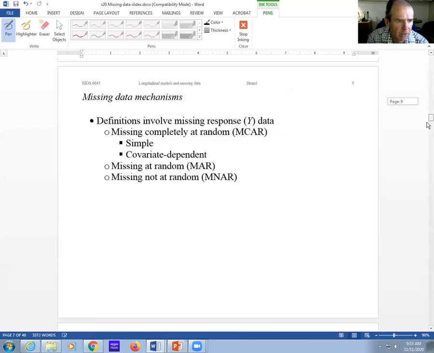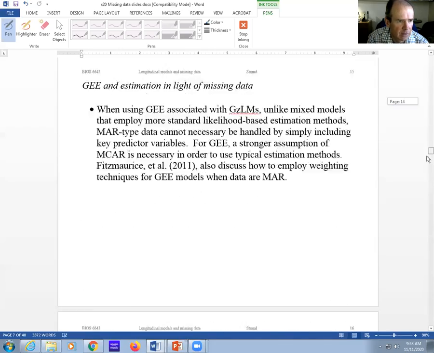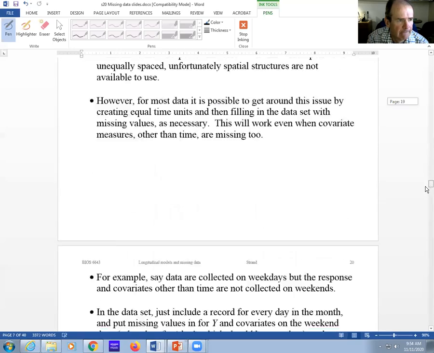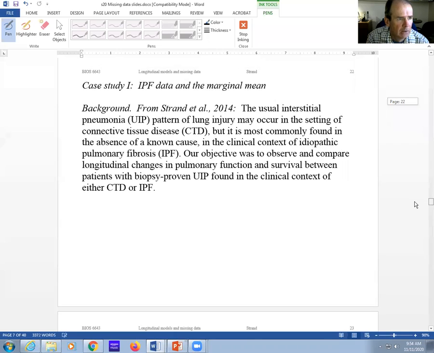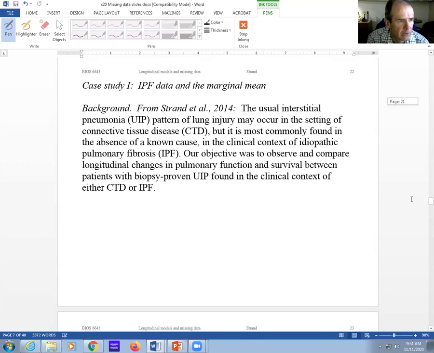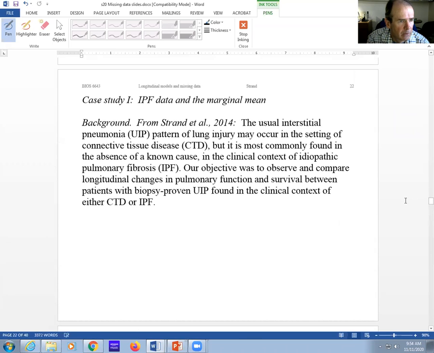Okay, so I'm going to jump back to the actual case studies. All right, so I worked with somebody here at National Jewish on subjects that have idiopathic pulmonary fibrosis, and it's an observational study.